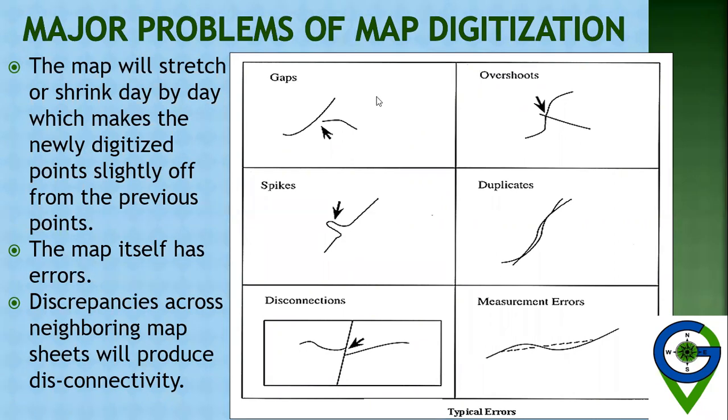So there may be gaps between 2 points, or overshoot problems, then spikes, then duplicacies, disconnections and measuring errors. So these are the typical errors that are included in the map during map digitization.